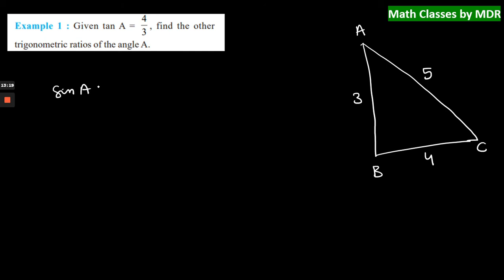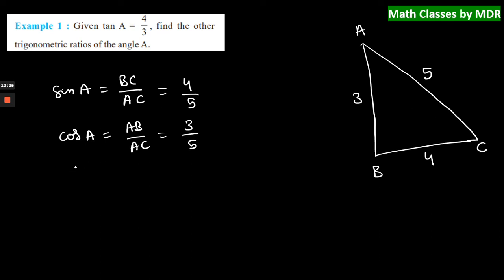We know that sin A is opposite side by hypotenuse, that is 4 by 5. Cos A is AB by AC, that is 3 by 5. And cosecant A is 1 by sin A, that will be equal to 5 by 4.